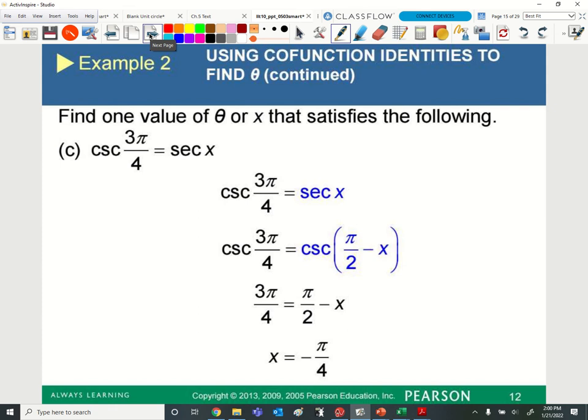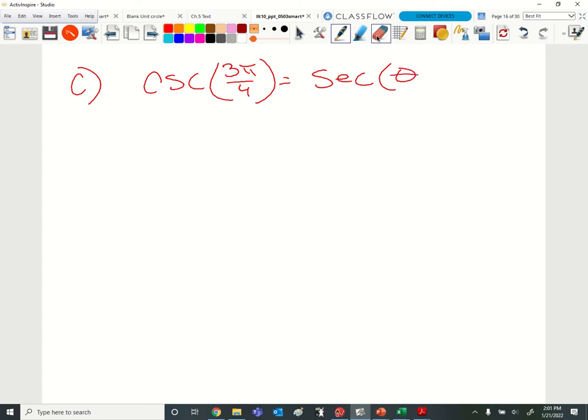Cosecant 3 pi over 4 equals secant. Is it x? Yeah. Okay. This one's, there we go. Now, what's different about this one? It's in radians, right?